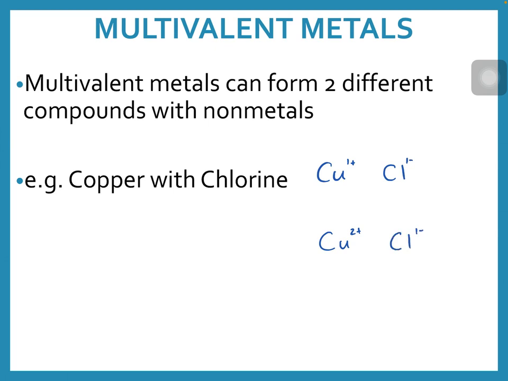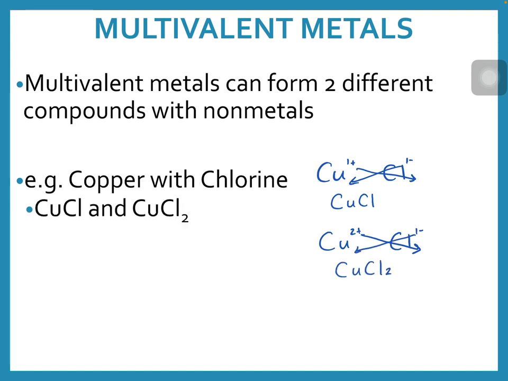If I follow my rules from before, I'm going to crisscross those, and that gives me CuCl. Remember, I dropped the 1s, and here I have CuCl2. So I have 2 different options for what can be created formula-wise.